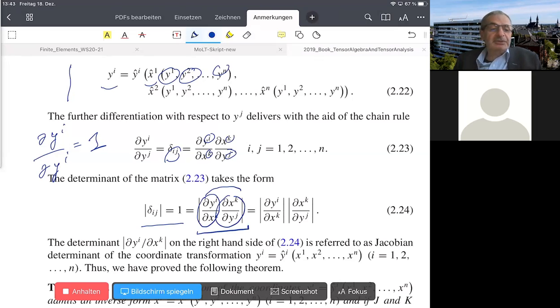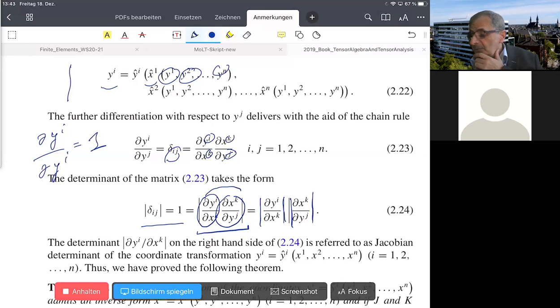We discussed this matrix multiplication already in the context of, for example, composition of tensors, which means that I can take the determinant of the first matrix and multiply by the determinant of the second matrix.